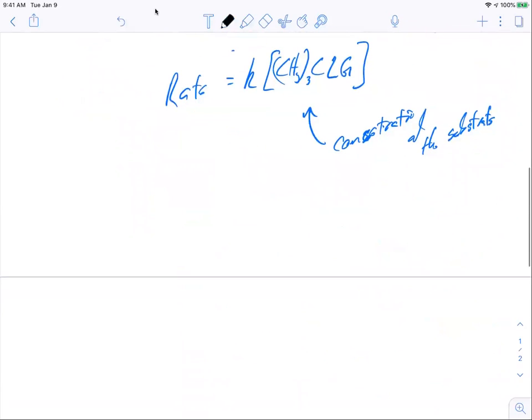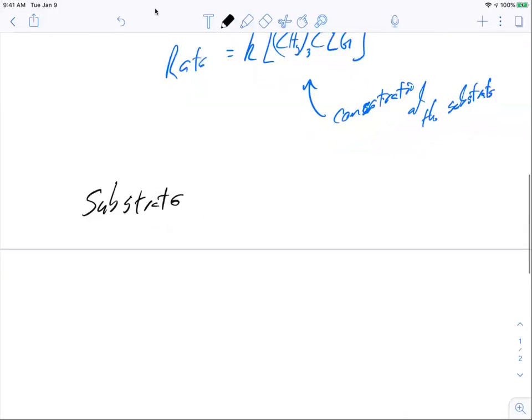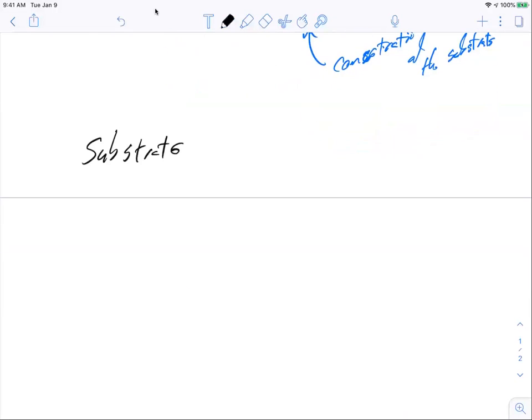So if we think about our different things we can look at, when we look at our substrate, what we really need for the substrate is the stability of that carbocation.